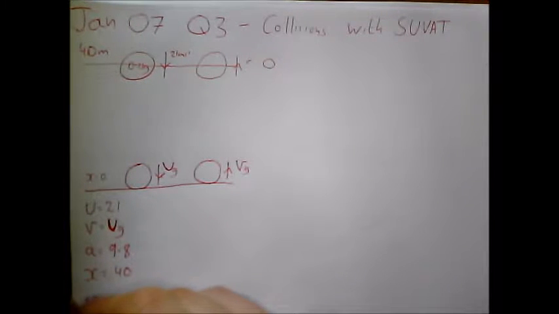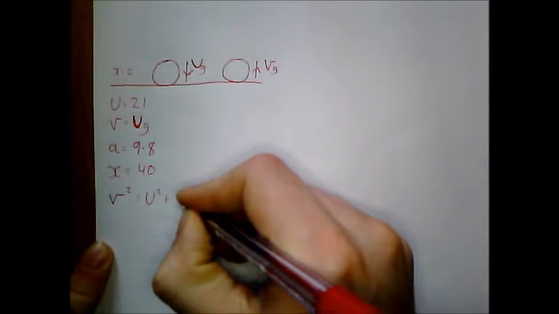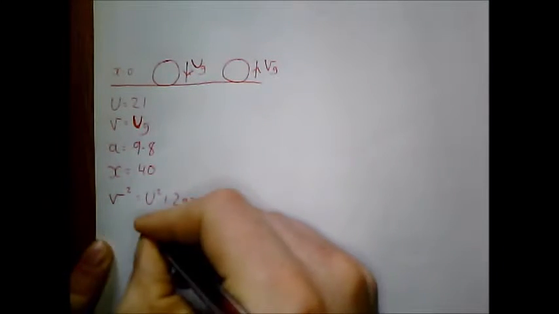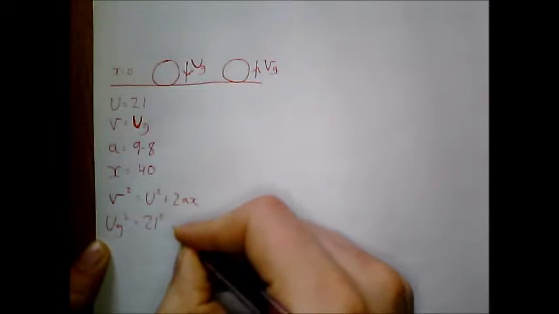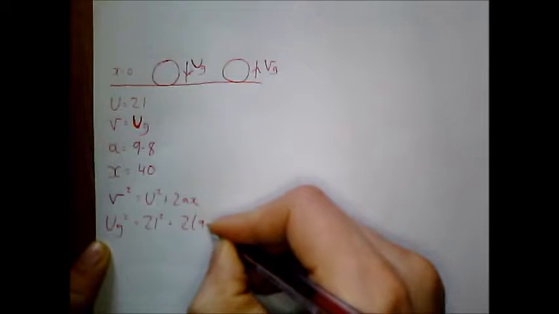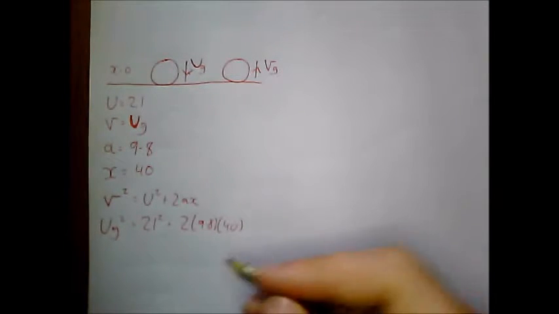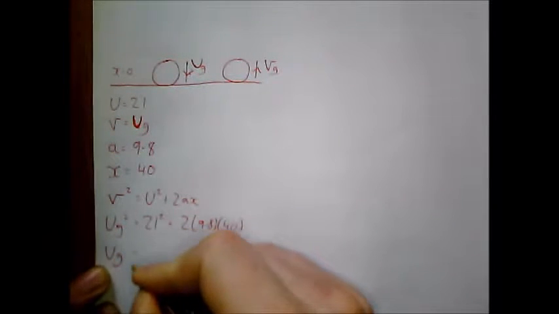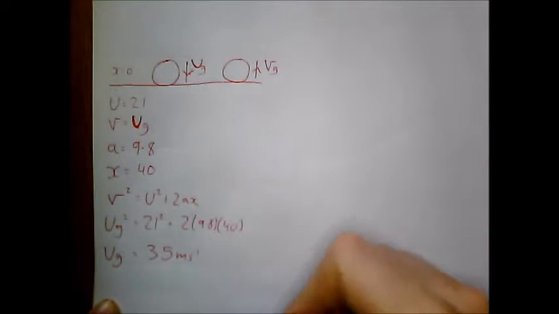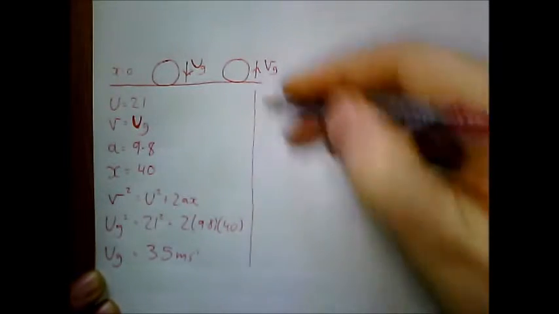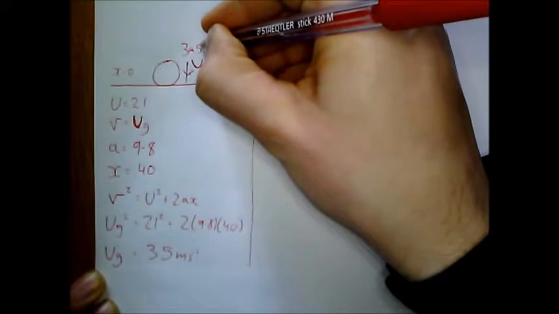So, using V squared equals U squared plus 2AX, we get UG squared equals 21 squared plus 2 lots of 9.8 lots of 40, and after some solving you should find UG to be 35 meters per second. Okay, so that's this here. Oh, sorry, not 30.5, 35.